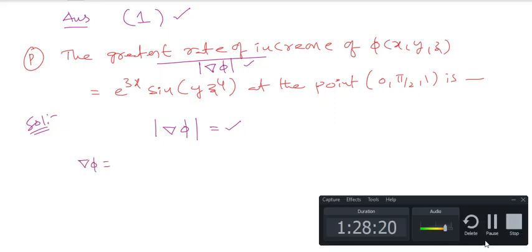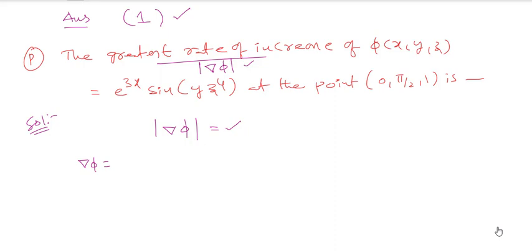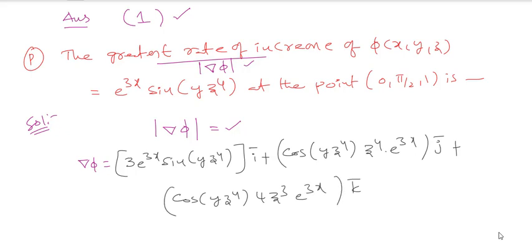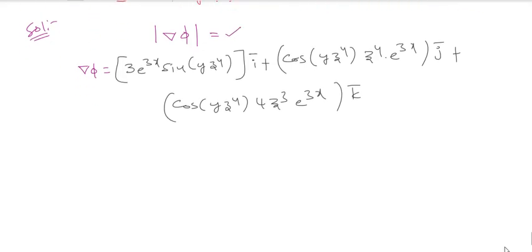If I calculate, del phi is ∂φ/∂x, that is e^(3x) sin(yz⁴) i bar, plus with respect to y, cos(yz⁴) into z⁴ into e^(3x) j bar, plus with respect to z, again cos(yz⁴) into 4yz³ into e^(3x) k bar. This is the differentiation. Am I right or not?